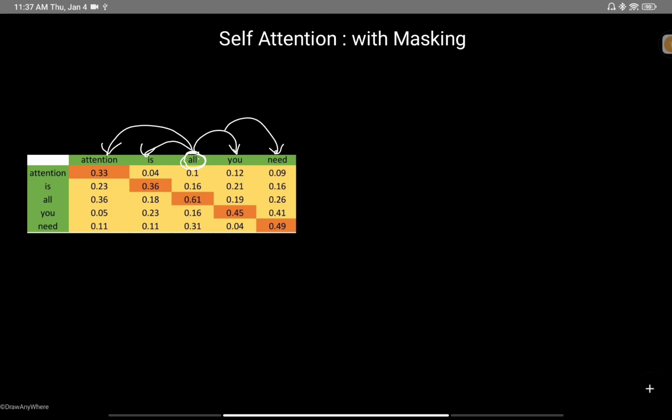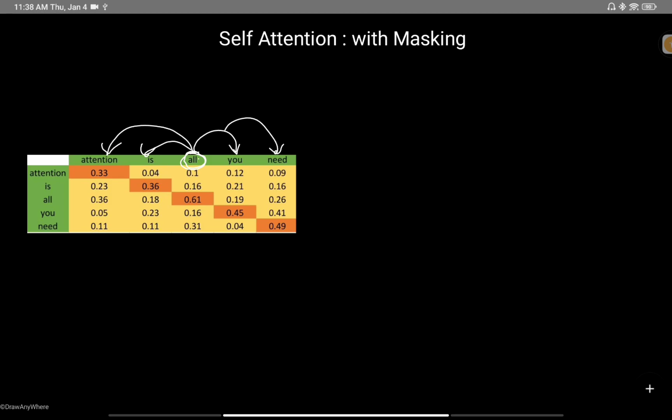This is what can happen on the encoder side, because on the encoder side we are mainly generating the embeddings, and embeddings can look at the past behavior of the input sequence, and also look ahead for the future tokens or future words of the particular input sentence, right?